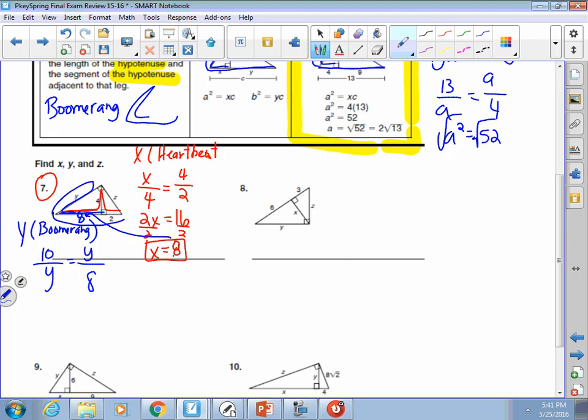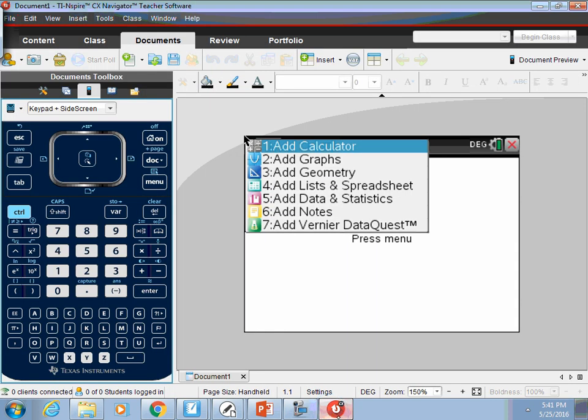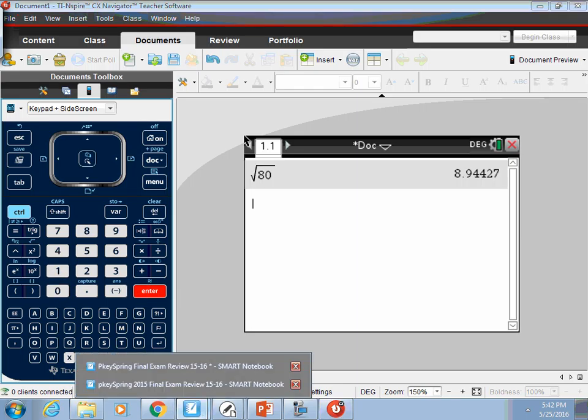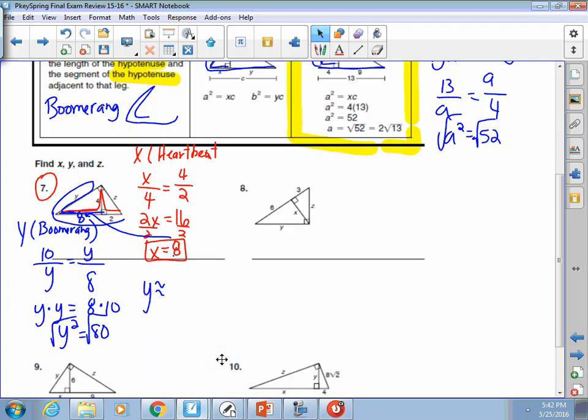We get y times y is equal to 8 times 10, which is y squared is equal to 80. And then we need to take the square root. So y is approximately, don't forget, you're going to take the square root, and then we're going to round to the nearest tenth, which is going to make this 8.9.